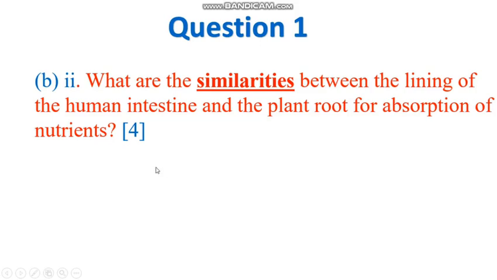Then in the lining of the human intestines, we have the villi, and these villi, their function is just the absorption of nutrients. So similarly, when you look at the plant roots, they have an elongated growth on the root hairs which absorb what? Nutrients. So we can now present our answer in essay form.